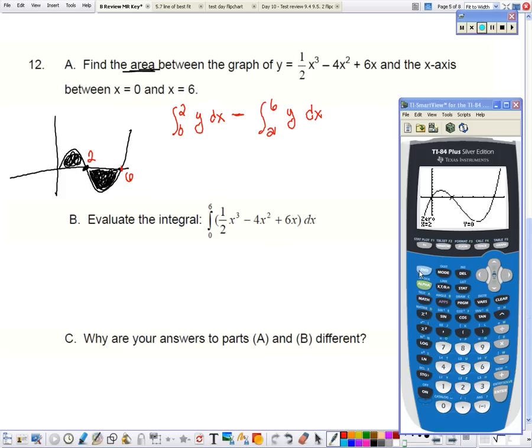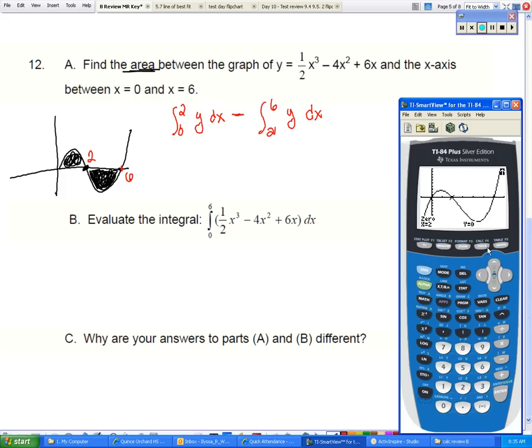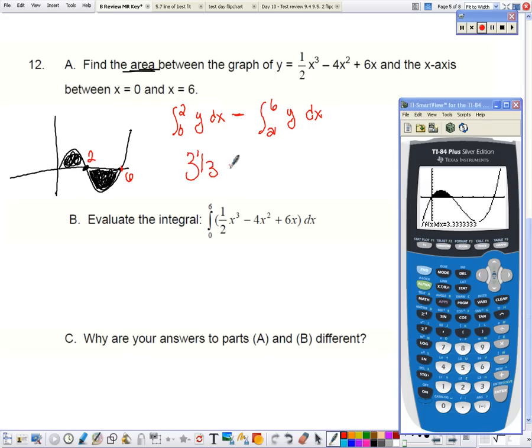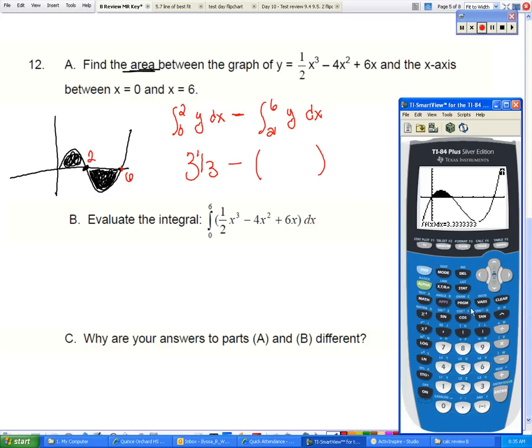So let's actually calculate. So my lower limit is 0. My upper limit is going to be 2. So that's 3 1/3 minus. Now I have to clear that, so I'm going to go to my draw menu and clear.